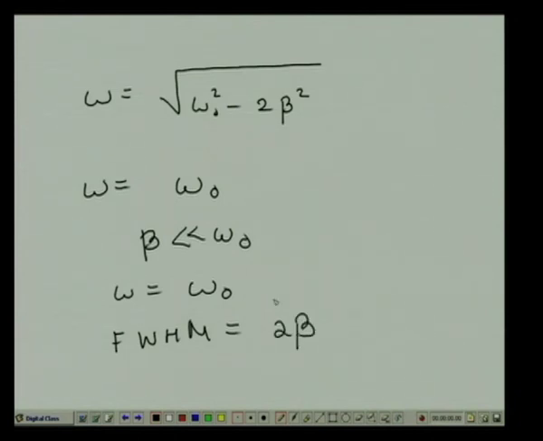If you are not in the weak damping regime, then you have to numerically calculate the full width at half maxima. So, let us bring today's class to an end. In tomorrow's class, we shall discuss several applications of this Lorentzian profile and the phenomena of resonance.